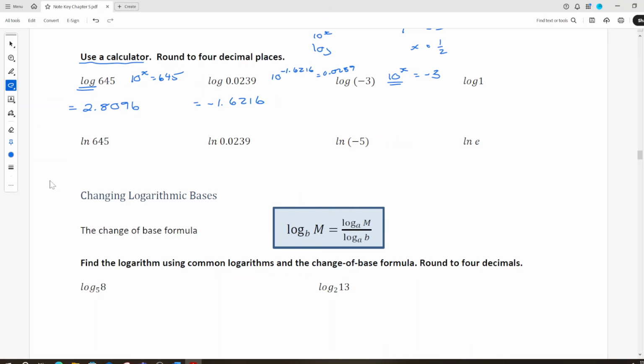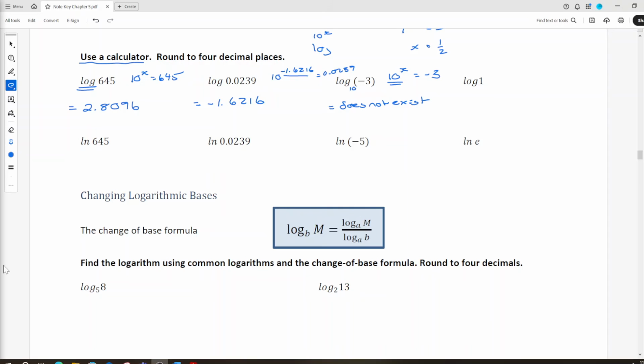So even when I had a negative exponent like negative 1.6216, it came out as a positive number, something greater than 0. So I can never take the log of a negative number because I can never make a positive base into a negative number. So for this one, we could just say does not exist or something along those lines.